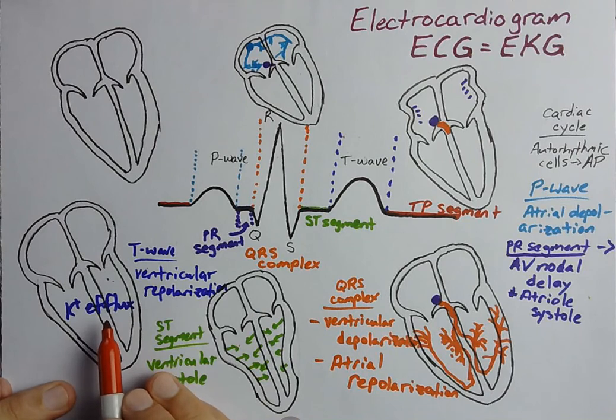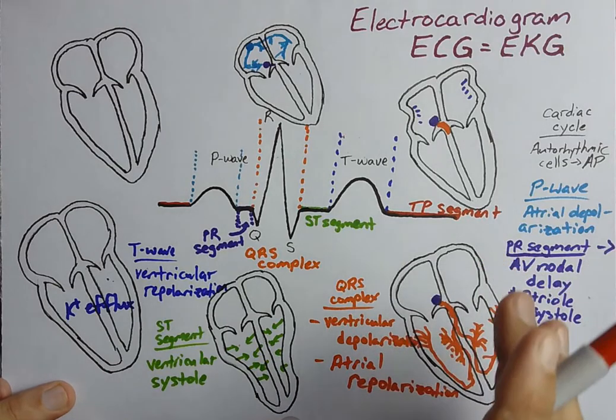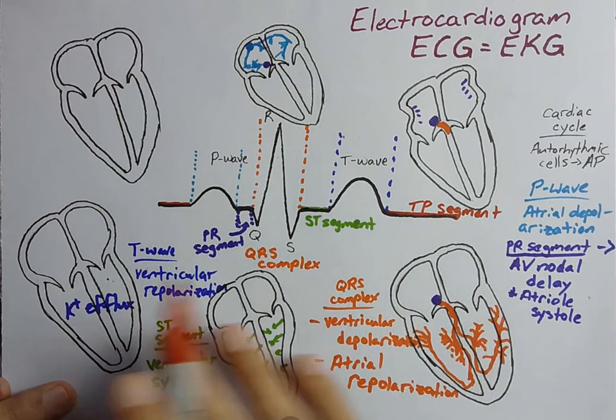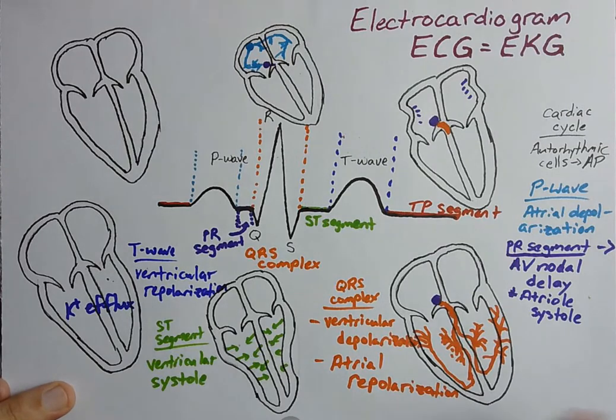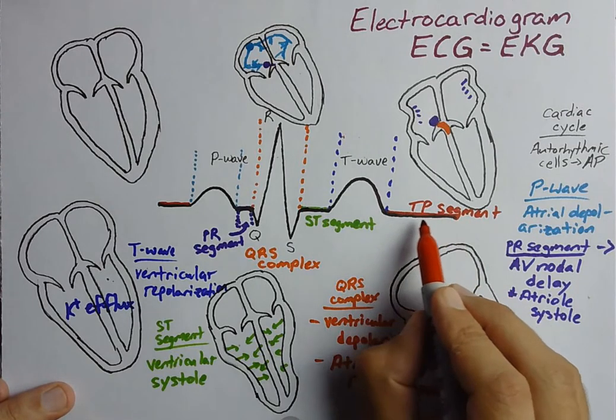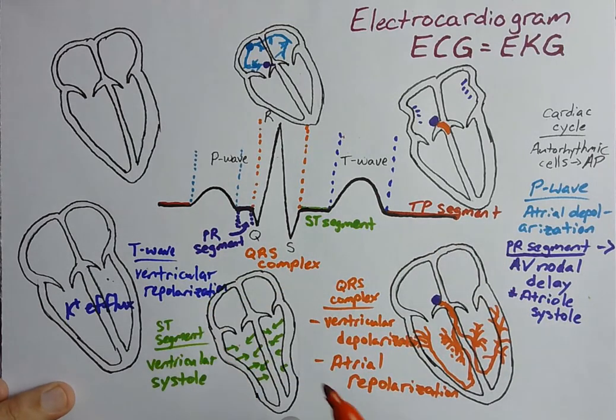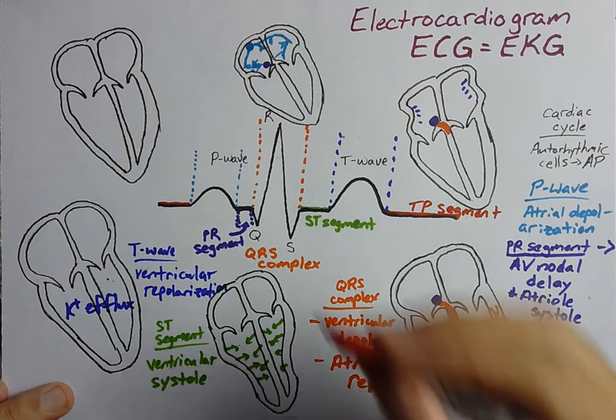The answer is a big lot of nothing, because this is the time that the heart is relaxing, because no electricity is moving through it at all. So this big, long, flat line, the TP, is a representation of ventricular diastole.